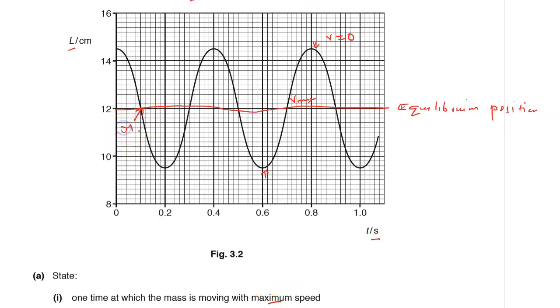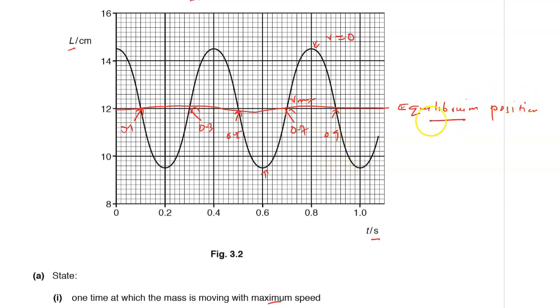You can look at that point there. This is 0.1, this point here. This is 0.3, this point there. This is 0.5, this point there, 0.7, this point here, and this is 0.9. So at all those points, the speed is maximum.